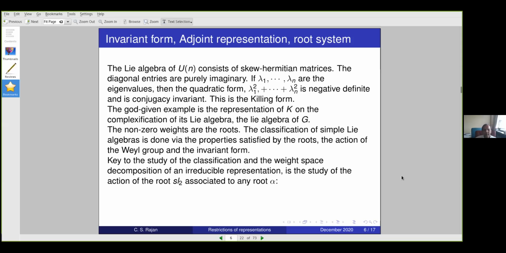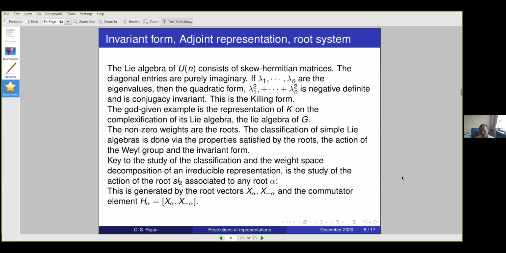So anyway, key to the classification and the weight space decomposition of an irreducible representation is the study of the action of the root space SL2 connected to any root alpha. If you have an eigenvector X_alpha for the root alpha, and then you look at X_minus alpha, and then you can look at the commutator element H_alpha, together this pair X_alpha, X_minus alpha, and H_alpha determine an SL2.